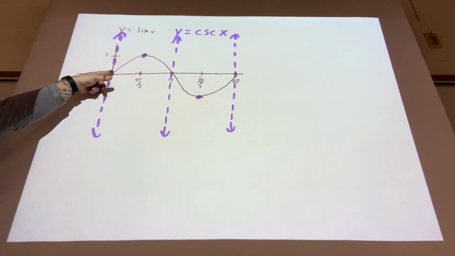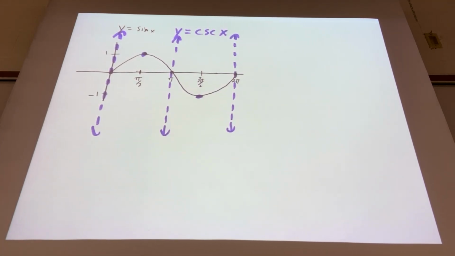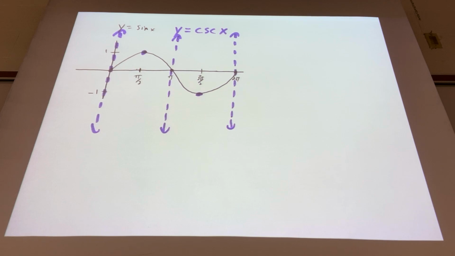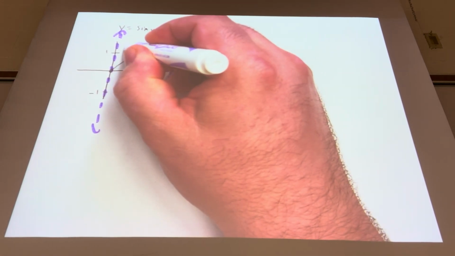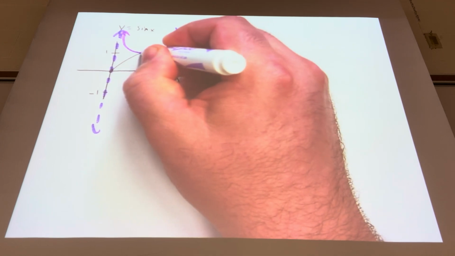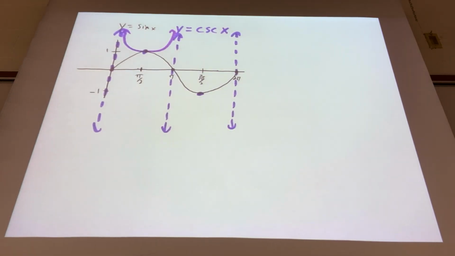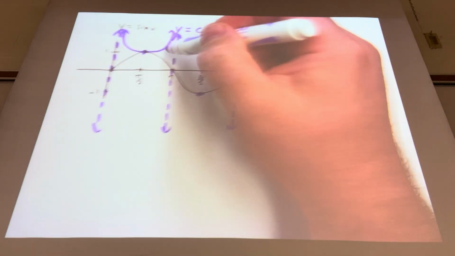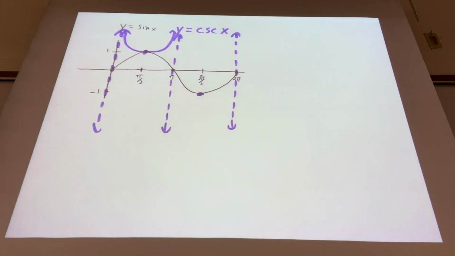The reciprocal of 1 over 100 would be 100. So what we see with the cosecant graph is a graph that kind of looks almost like our quadratic graph, but it's not quadratic because it's going to go kind of straight up here. It's not going to keep going outward.